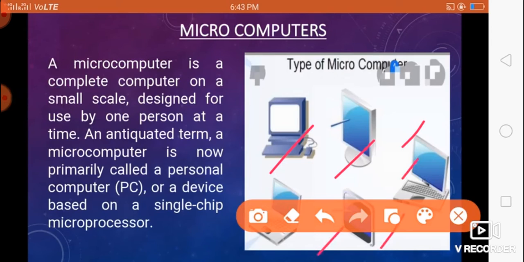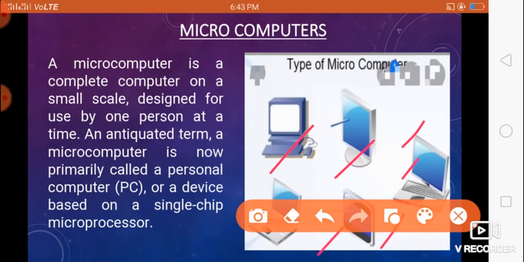Everyone cannot afford minicomputers, mainframes or supercomputers. Supercomputers are used at a very high level, and mainframes also, but all these types of systems are very expensive, while microcomputers are specially designed on a small scale, so a single person can use one easily.